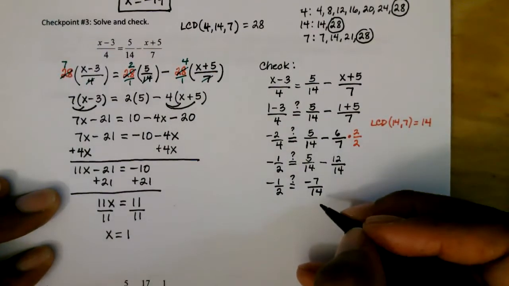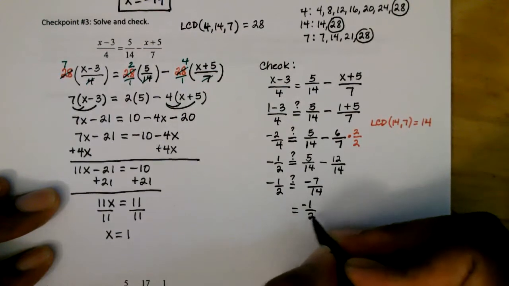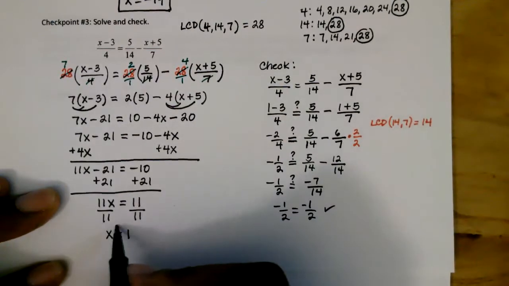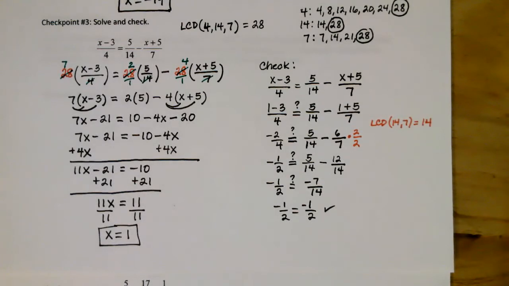And if I reduce negative 7 over 14, that will be negative 1/2. So here, this checks. So that means x equals 1 is the solution for that equation with fractions.